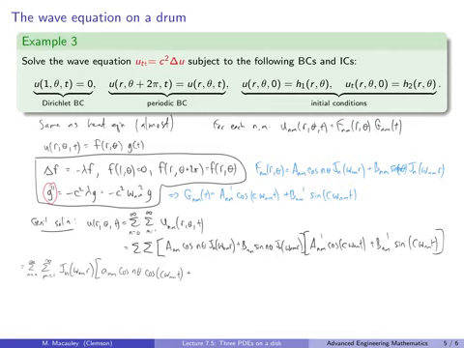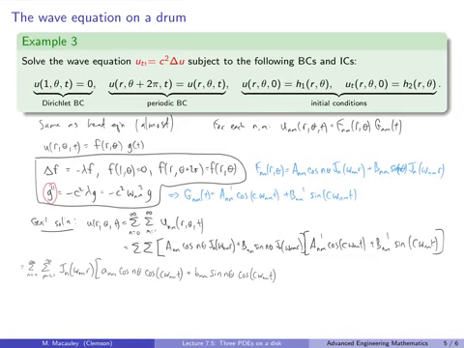Now the next term, how about a sine times this cosine? So plus, I'm going to call that b_nm sine of n theta times cosine of c omega_nm t. So again, I'm going to call b_nm this term times that one.